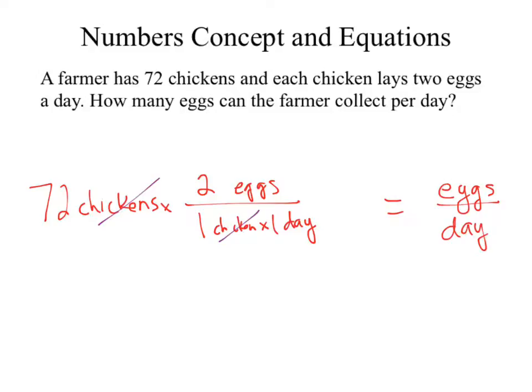He's asked you to tell him how many eggs per day he's going to get. You come back and tell him 144. He's going to have a problem with that. He can't deal with numbers bigger than 10. Is 144 bigger than 10? Or sorry, bigger than 20. Why 20? Because it's more than 10. Fingers and toes.